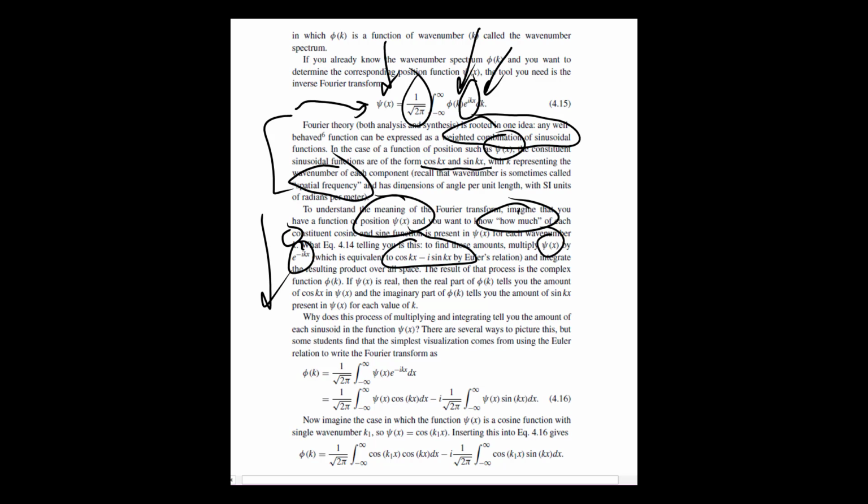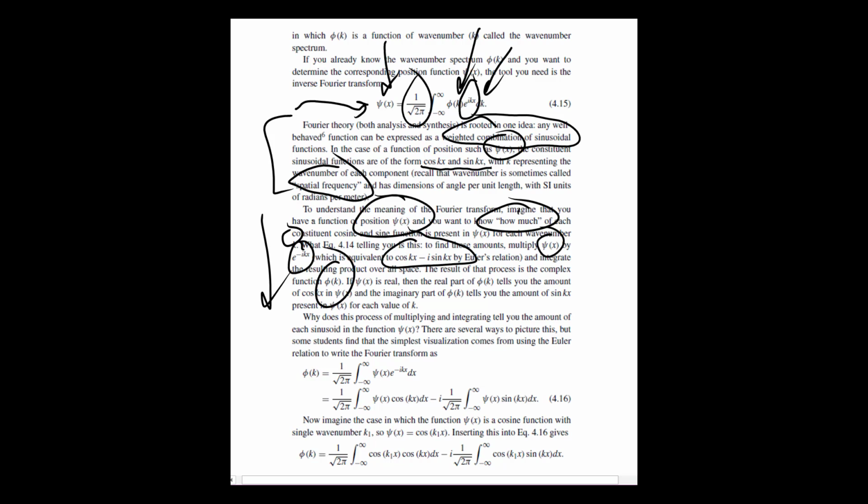Once you've done that multiply, then integrate over all space, that is x equals minus infinity to infinity, and the result of that process, once you throw in the 1 over the square root of 2π factor, is φ(k).